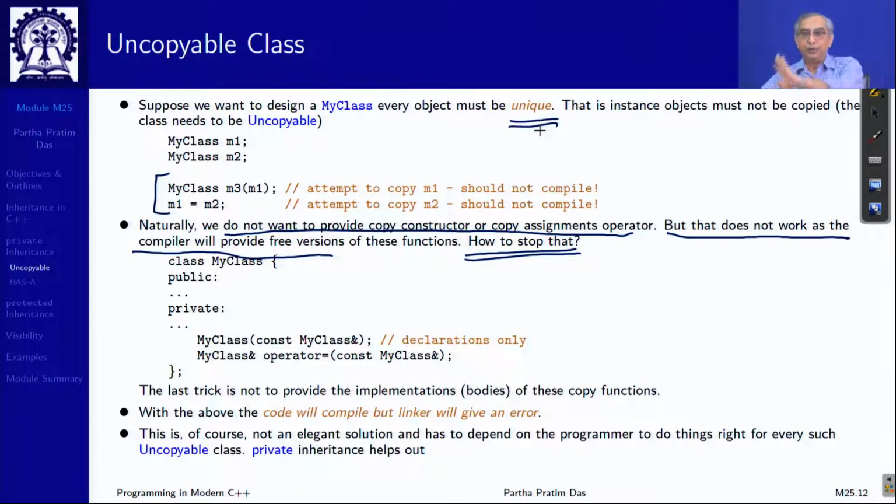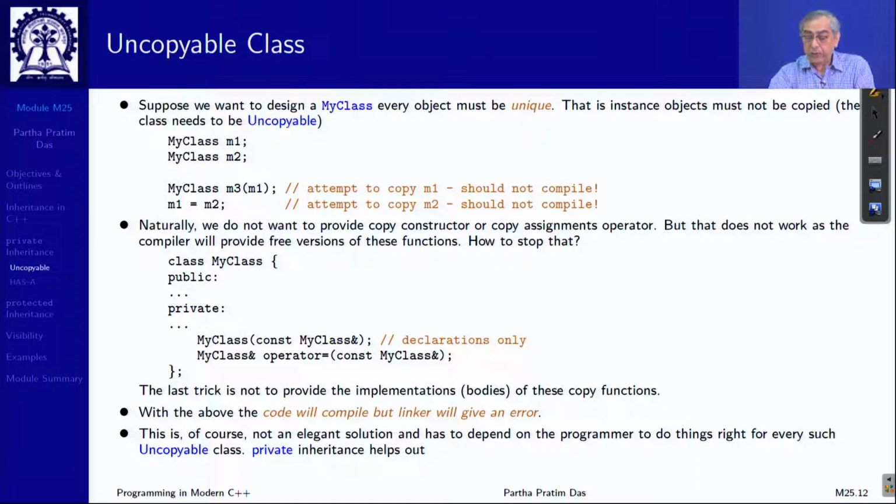Do not get impatient. I am not telling this story to go away from private inheritance that we are discussing, but this background is very, very important. So, what I can do is simple. I say, okay, I do not want the compiler to provide the free functions. So, I will provide the functions, but I will put them into private. If I provide these functions and put them in the private, then it will be fine.